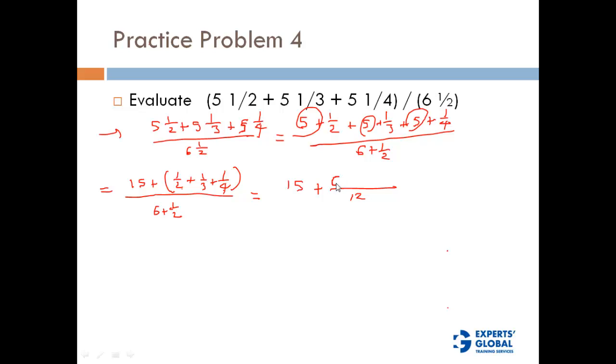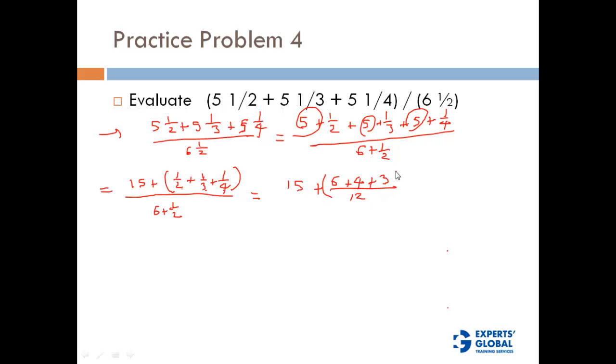So 1 into 6 becomes 6. For this fraction, we're multiplying the denominator by 4, so we'll multiply the numerator by 4 again: 1 into 4 is 4. Plus 3, because we are multiplying the denominator by 3, so we'll also multiply the numerator by 3.